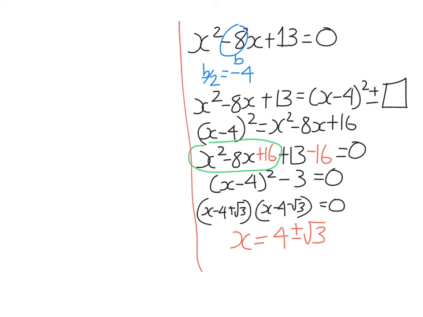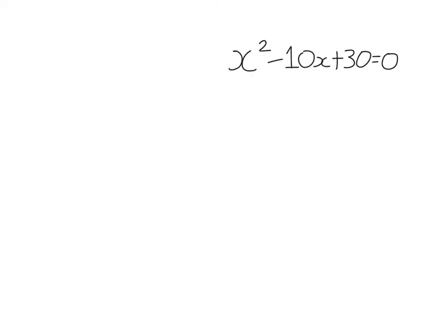All right, let's look at one more example. So let's try and solve x squared minus 10x plus 30 equals 0 using completing the square. So we have b is minus 10, so b over 2 is equal to minus 5. So I want to write this as x minus 5 all squared.